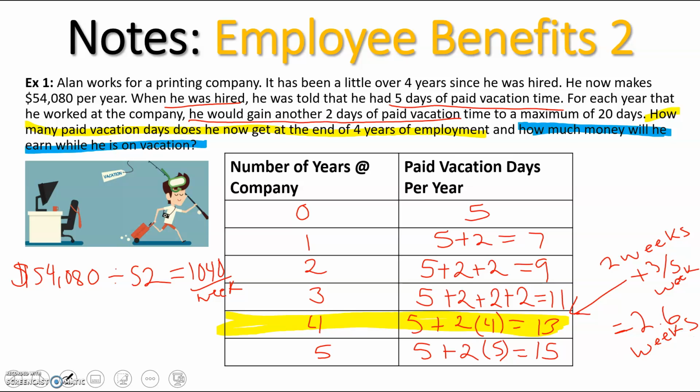All right, so we know that Alan will get 2.6 weeks off, and that he earns $1,040 per week. So let's say he gets 1,040 times our 2.6 weeks.